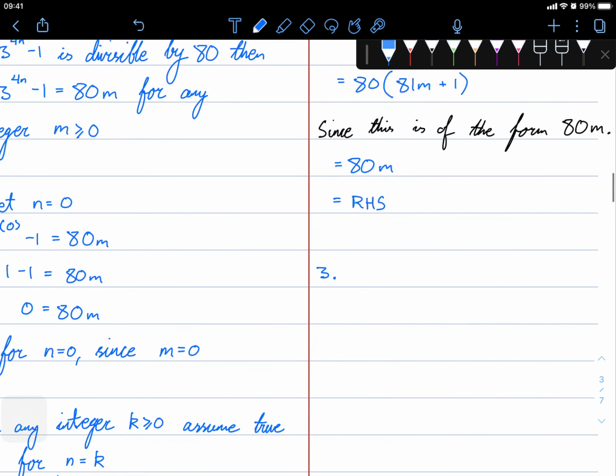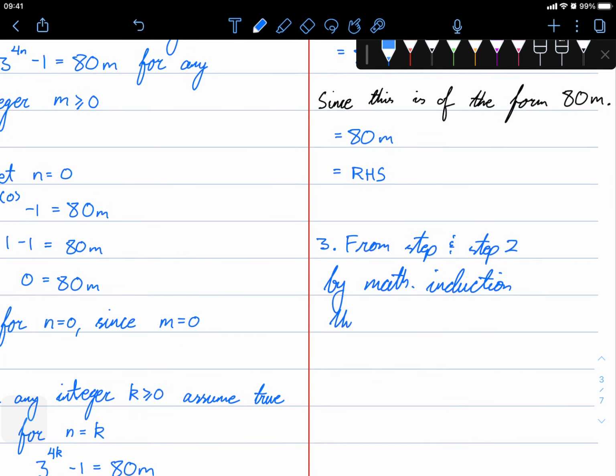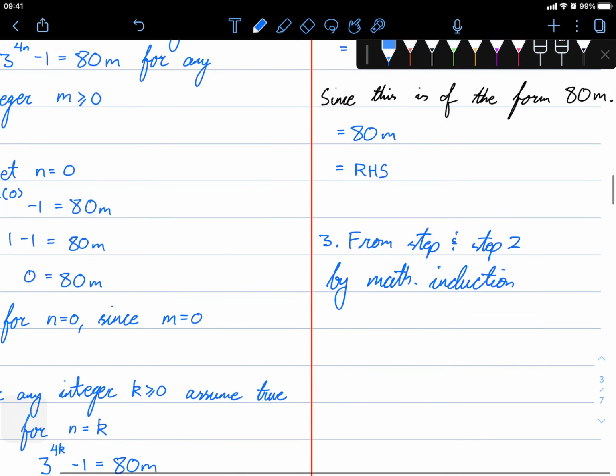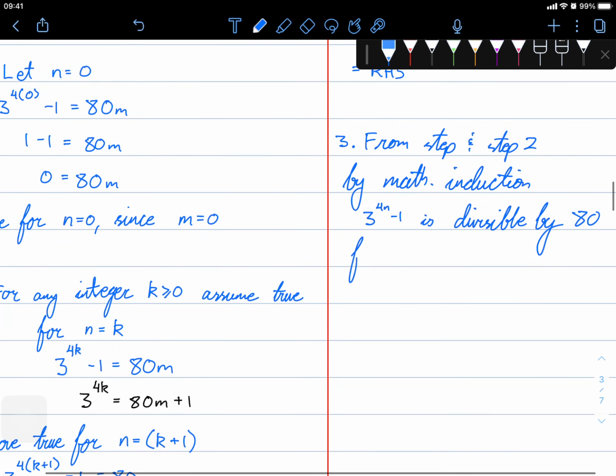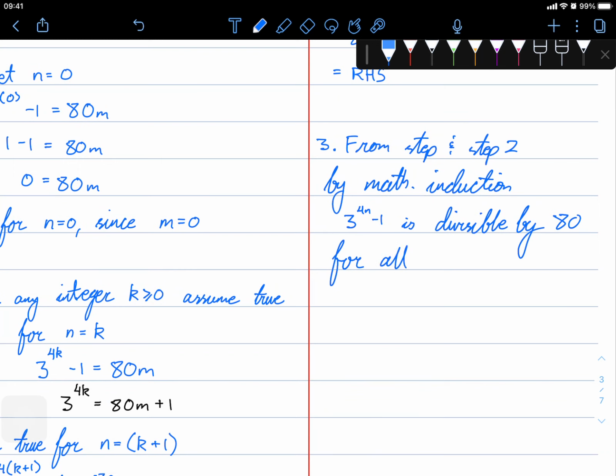We can say then, from step 1 and step 2, by mathematical induction, 3 to the power of 4n minus 1 is divisible by 80 for all n greater than or equal to 0.